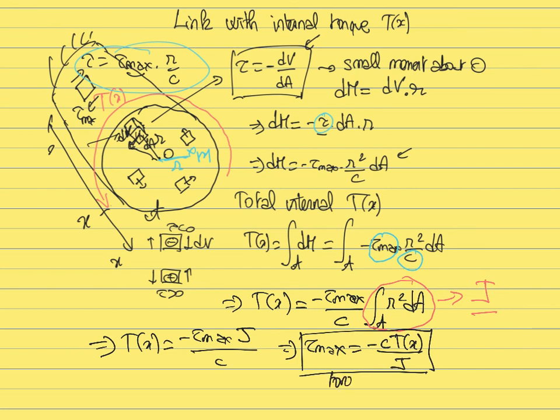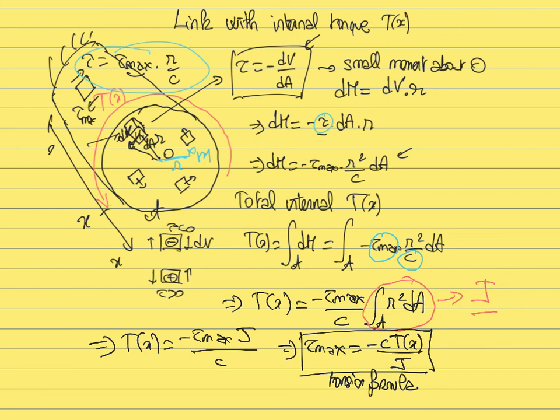This is the formula that gives you the shear stress at the surface of a member that is subjected to a torsion. In this expression, c is the radius of the circle, the distance of the point from the center at which you want to calculate the shear stress, which in this case is the radius, since this is the shear stress at the surface.